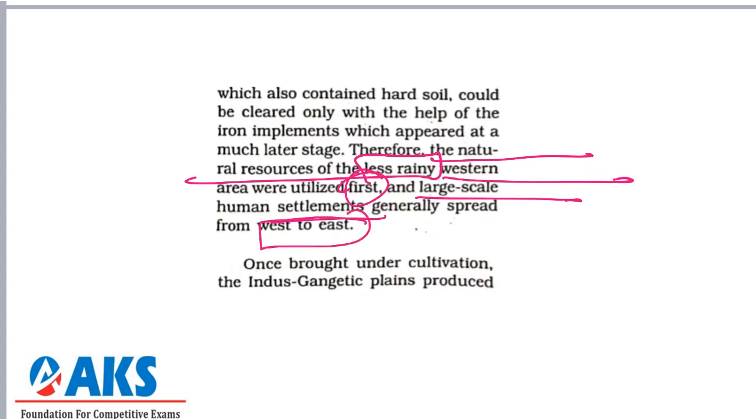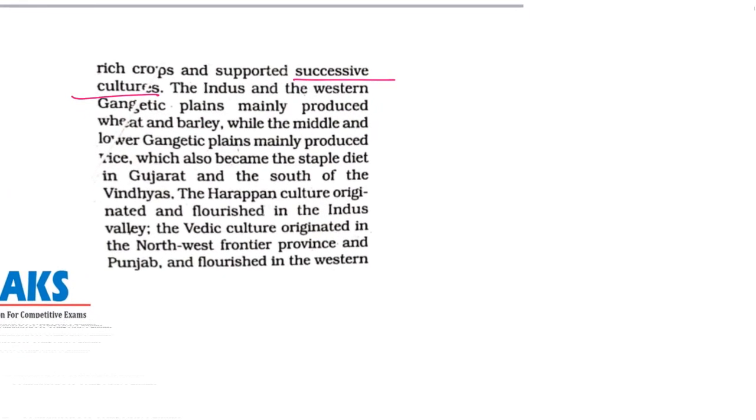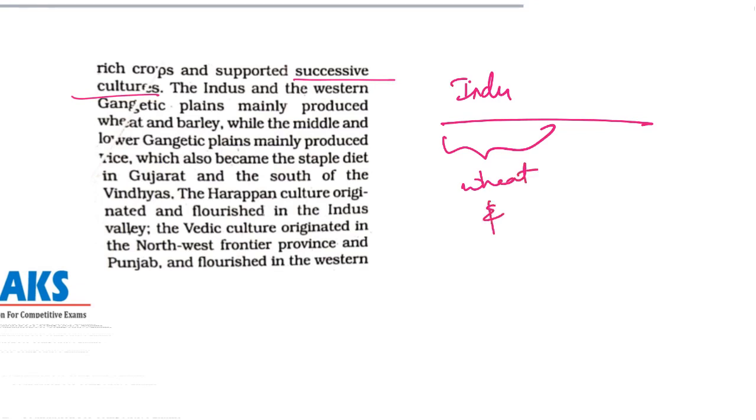So once this land was brought under cultivation, the Indo-Gangetic plains produced rich crops and supported the successive cultures, obviously, right? Again, we know in geography, I hope you would have read, that crops depend on the rain, right. In the Indus and the western regions, they would have mostly produced wheat and barley, right? Because rice needs a lot of stagnant water.